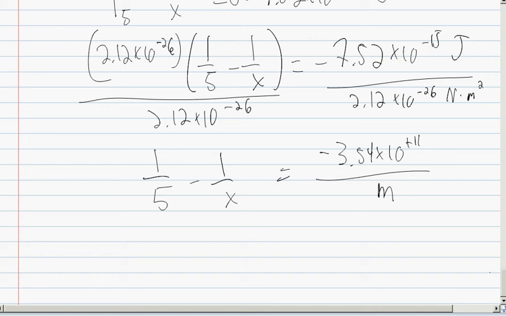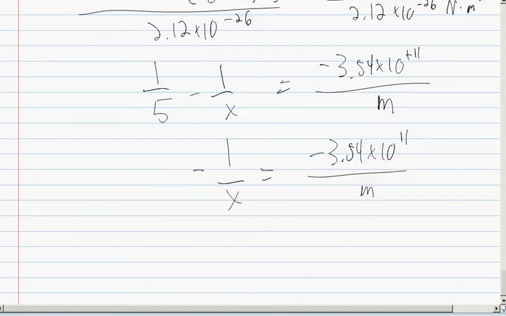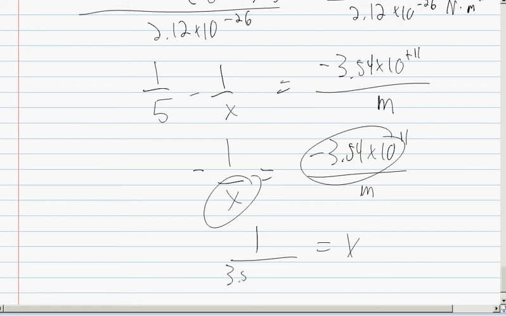Well, if I subtract 0.2 from that, I'm going to get the same thing. 3.54 times 10 to the 11th over meters equals negative 1 over x. Well, that means if I just flip this and this, I'll get the answer. So x is going to equal 1 over 3.54 times 10 to the 11th meter, with the 1 meter on top.